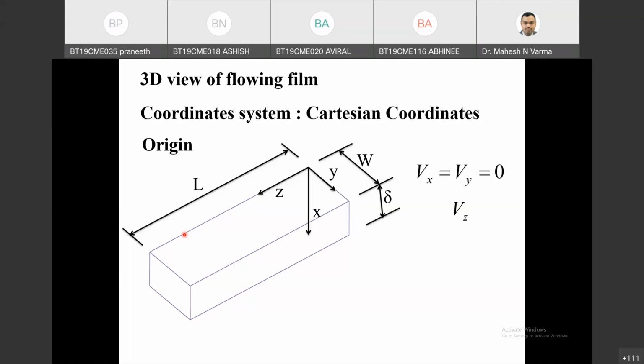Sir, it's the same profile. The same logic you apply for x direction also. I'm telling you that logic is altogether wrong. According to that logic, Vz is not a function of x also.